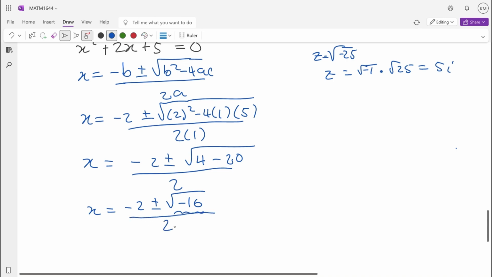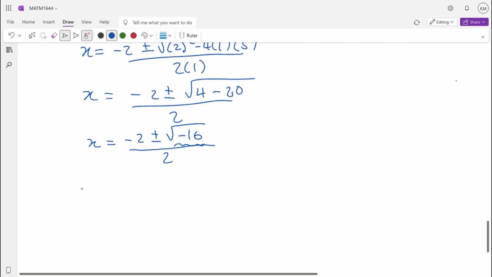Then here, divided by 2. If we come back to the problem that we're trying to solve, we can say that x is going to be minus 2 plus or minus, and we can rewrite the square root of minus 16 as the square root of minus 1 times the square root of 16, then divided by 2. So x is minus 2 plus or minus, what is the root of minus 1? That is i, and the root of 16 is 4.